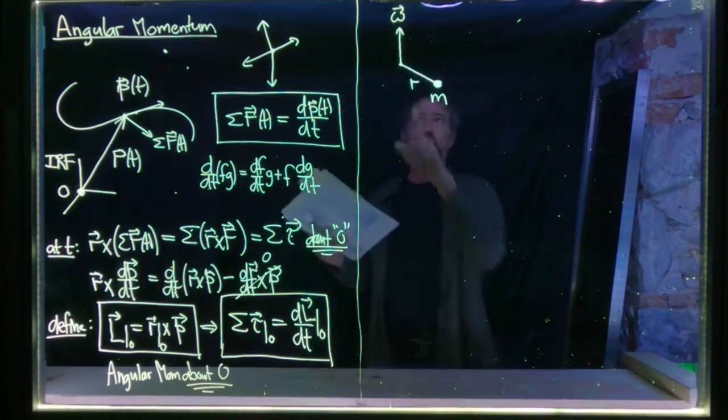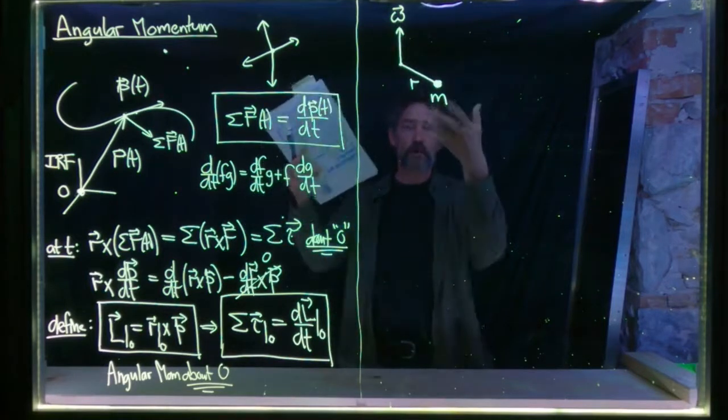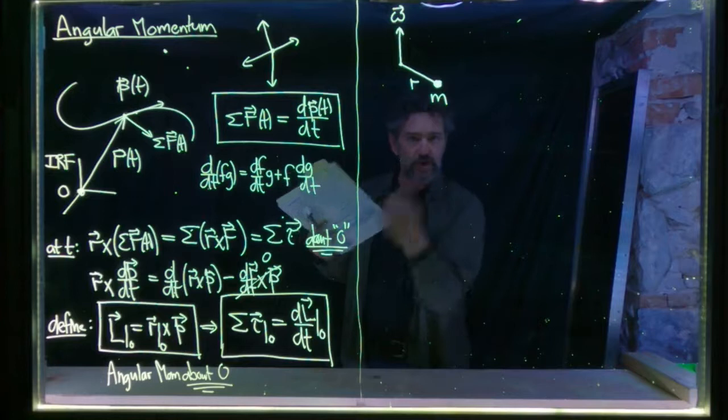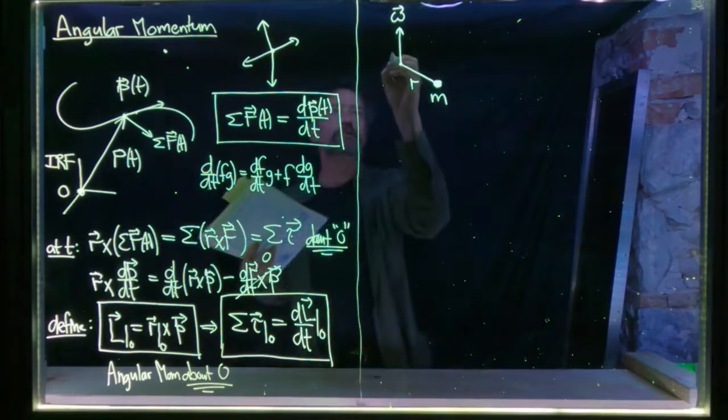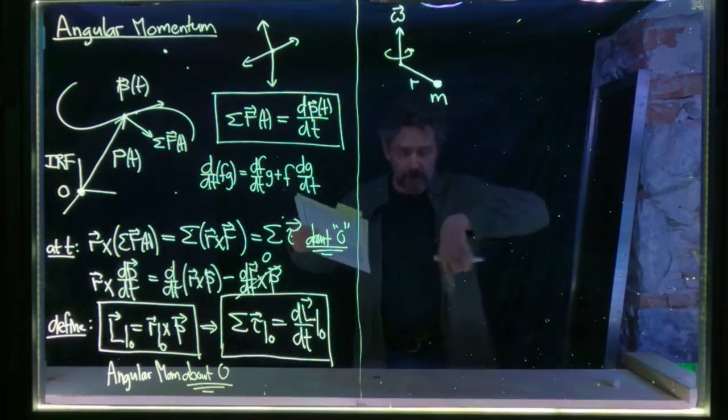That the angular velocity is pointing straight up does not mean the object is moving up. It means you put your thumb in the direction of the angular velocity omega, and your fingers curl in the direction of the rotation. So this rigid body is rotating. If you look from top down, it's rotating counterclockwise.